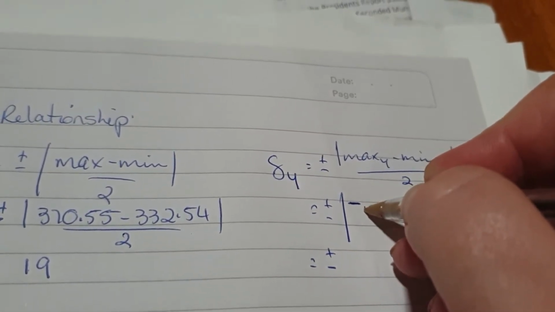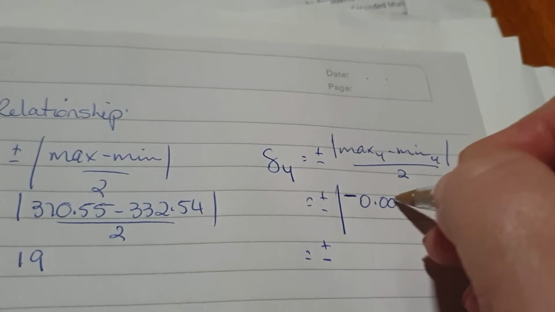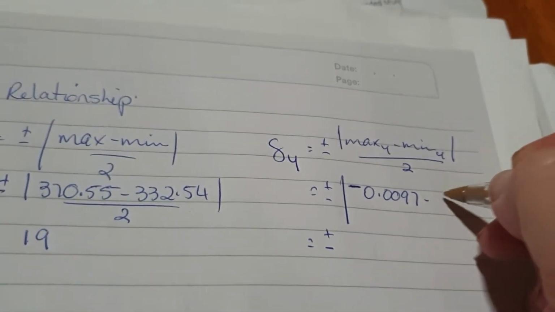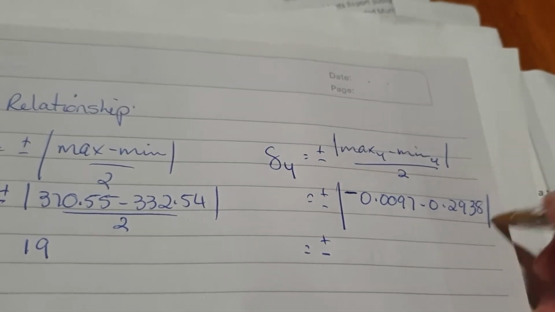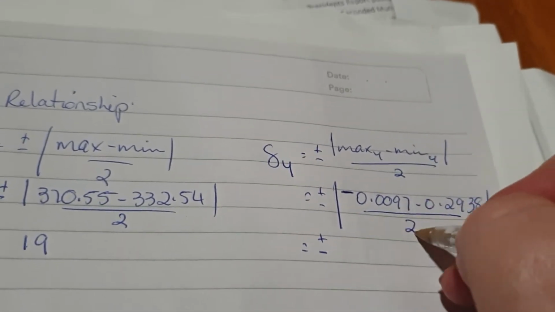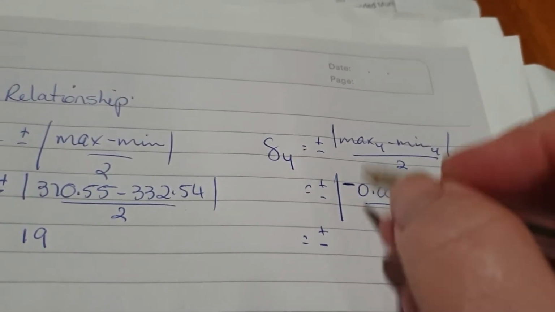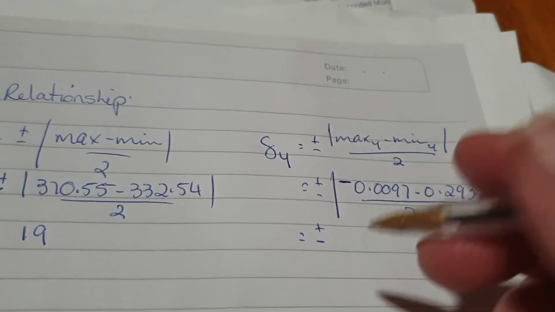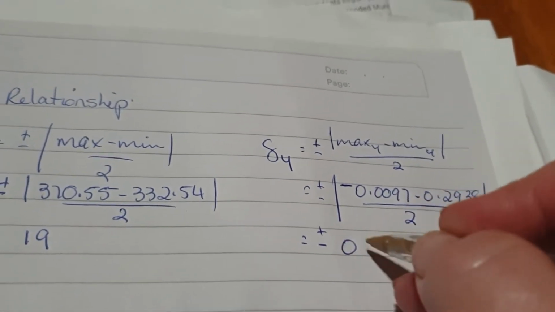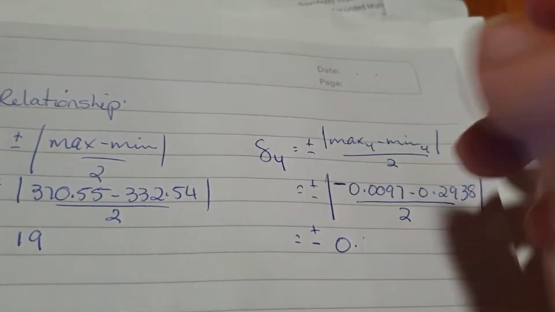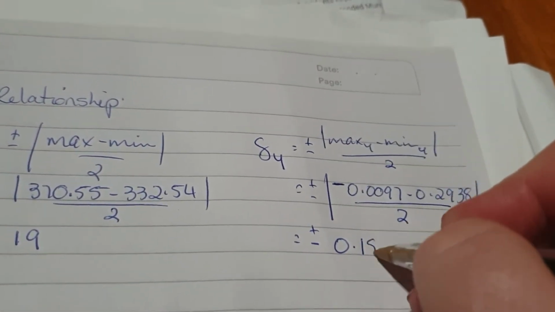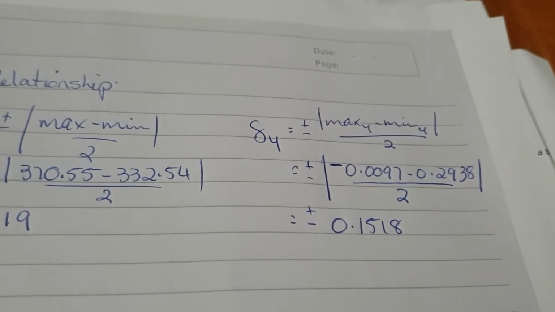So it is 0.0097 minus 0.2938, and that's over 2, and that comes to 0.1518. It's the absolute value, so the negative disappears, but you needed it in that part to get the difference in size between the two.